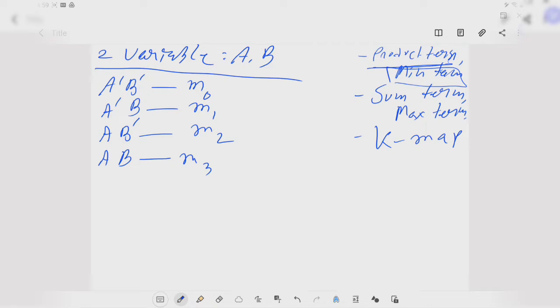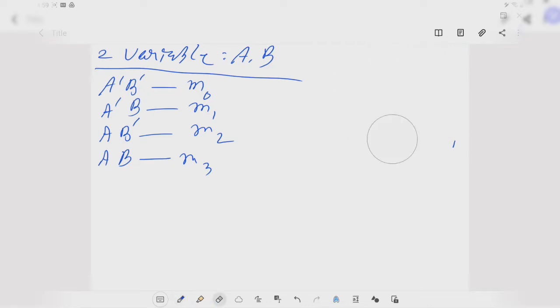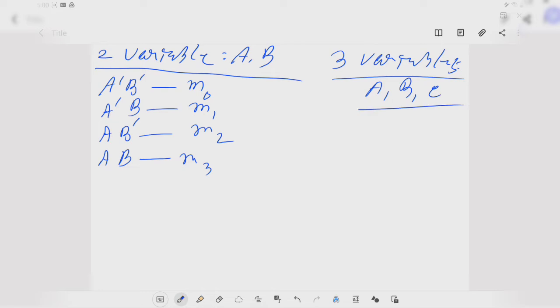Now in case of three variables, if the variables are A, B, C, then we get 8 min terms in total.